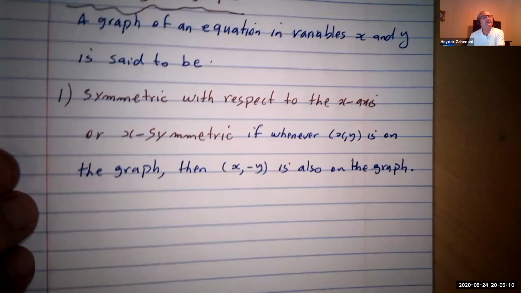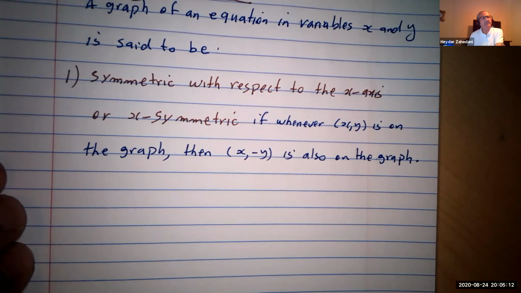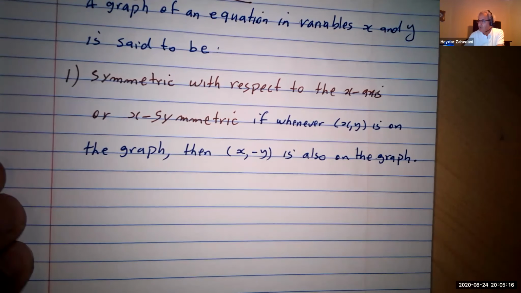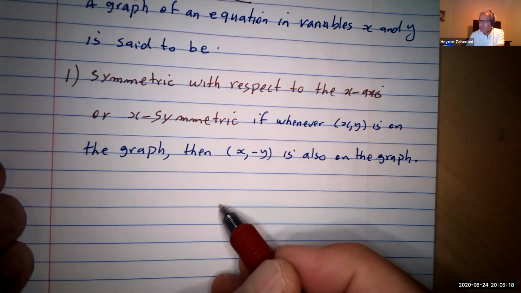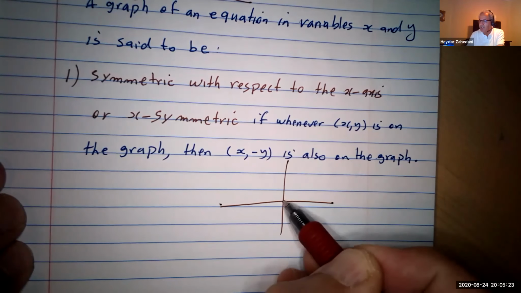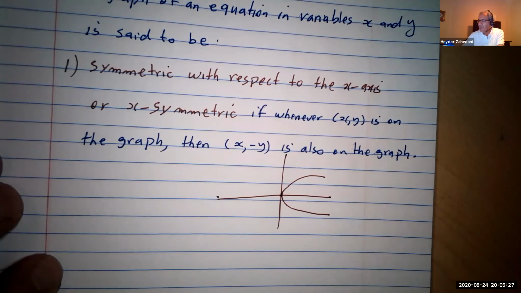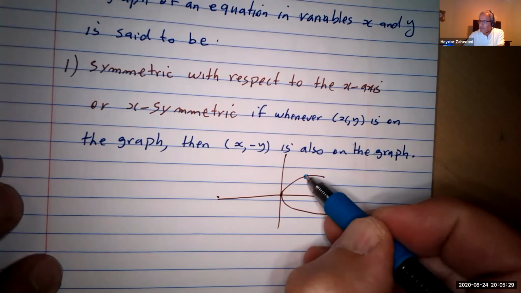See, that's going to be one. It's going to be symmetric with respect to the x. The mirror is on the x. So you go up and down. You see, this is a situation that we are going to be in.